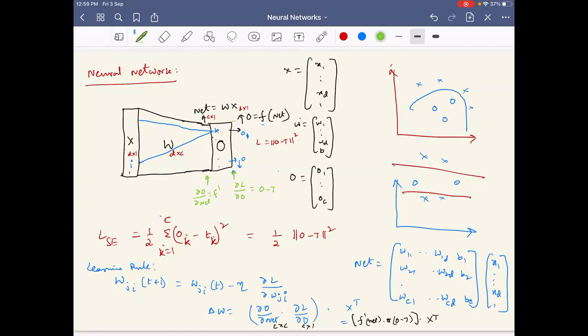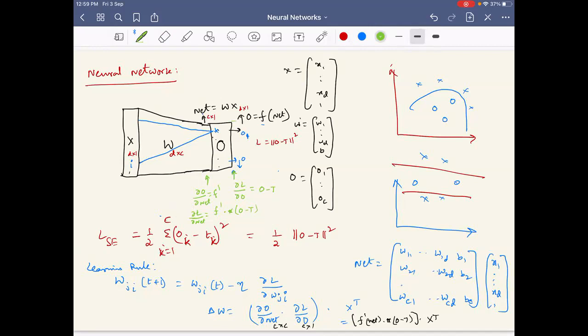When we want to do backpropagation to get delta net, that is dou L by dou net, I do f dash star O minus T. If I use the vector, I do an element-wise multiplication with this. Otherwise, if I have a matrix, I do direct multiplication, as we discussed before. Hope you are clear on this.